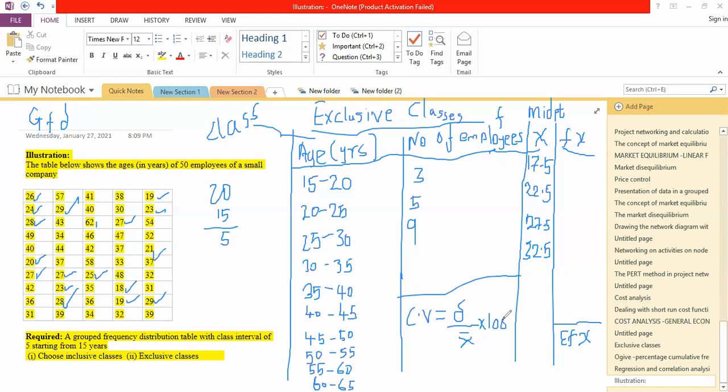But if your figure lies between 21 to around 50%, a moderate variation, meaning the ages are neither too far away from each other nor too close to each other. There's a moderate variation among those data points.